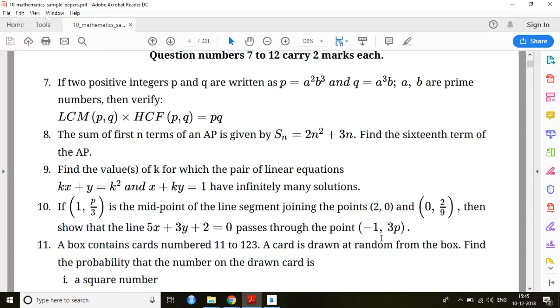Yes, I know it has been told from the last. I will do that question. I didn't see it. The answer is minus 25.